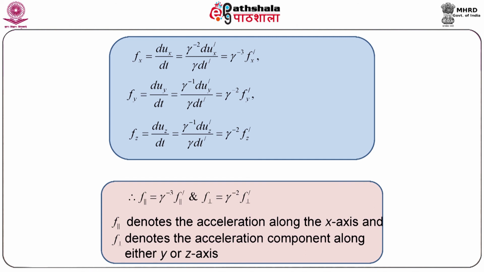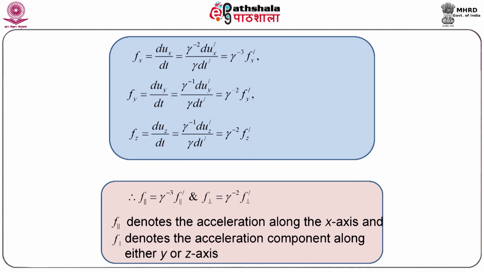If we denote the component of acceleration in x axis as f parallel, and similarly component of acceleration in frame S dash along x dash axis as f parallel dash, then we get this result from this one. In a similar fashion, if we denote the perpendicular component of acceleration as f perpendicular, then we can combine these two results as this one.